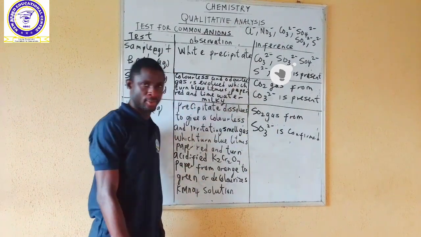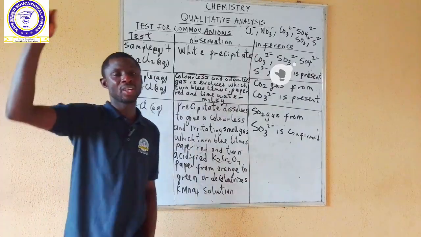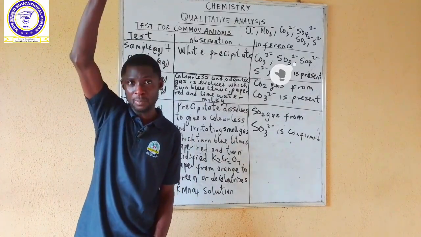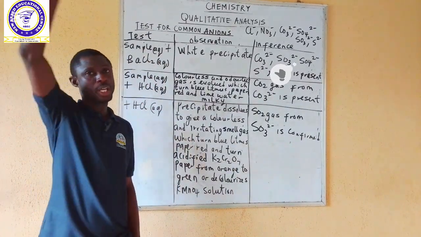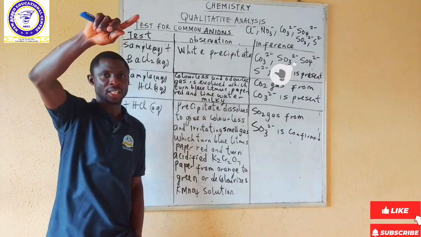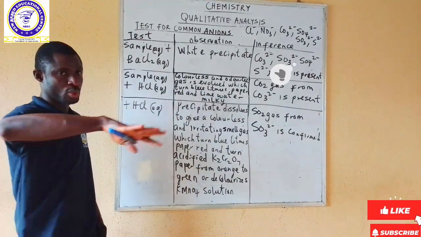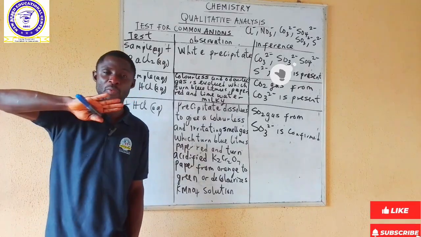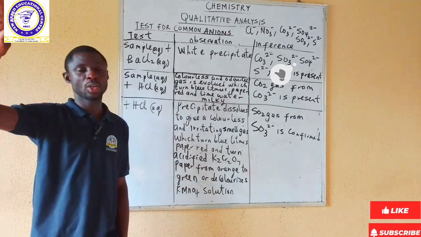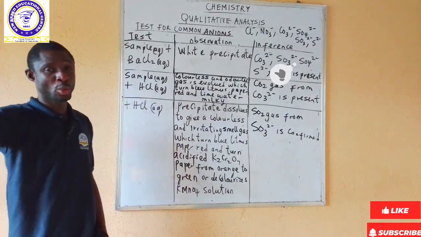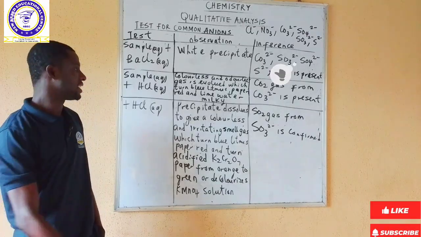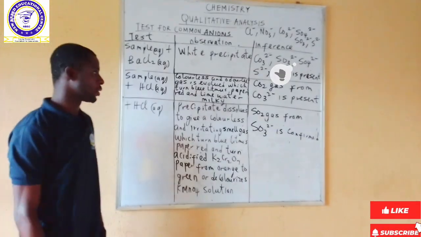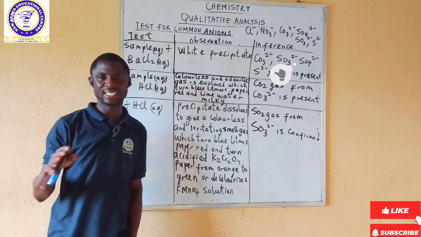Apart from when you add barium chloride to that sample and then add HCl to it, where the precipitate will dissolve and an odorless and colorless gas will evolve, which turns lime water milky and turns blue litmus paper red, this is another way to test for CO3 2-: without adding barium chloride to that test sample, just add HCl.